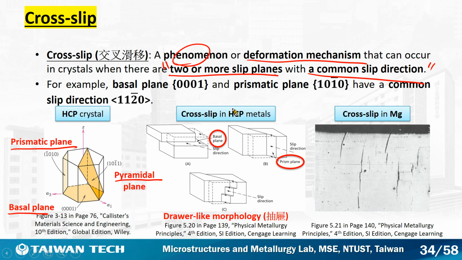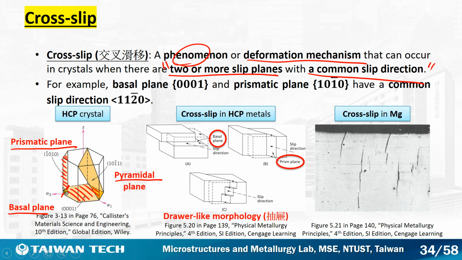So you see here we have this one. This is the basal plane, and this one is the prismatic plane. For both of these two slip planes, they have a common slip direction, this one. And this slip direction is the close-packed direction.